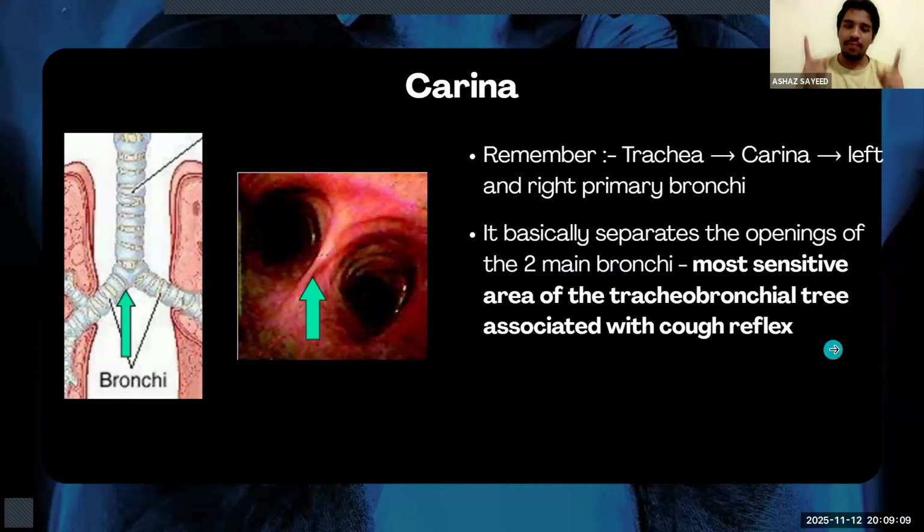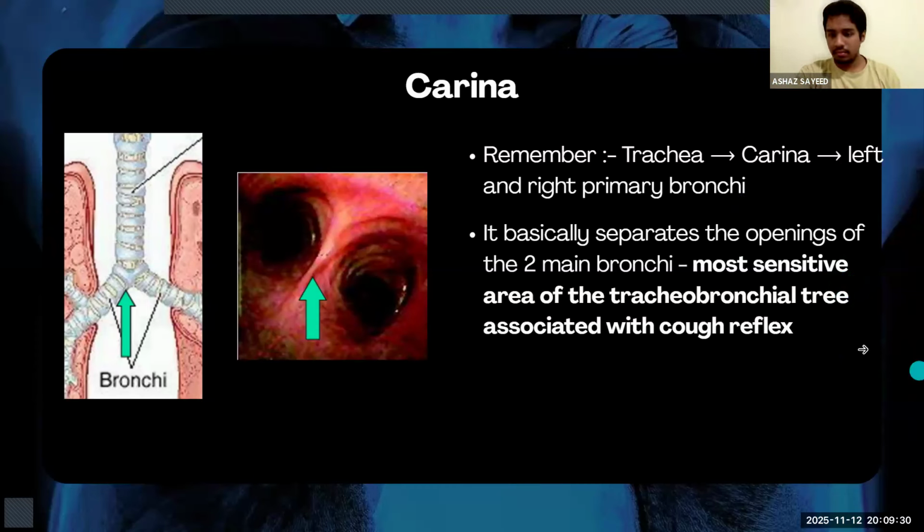Another clinical thing to remember is that the surface of the carina is the most sensitive part and it's associated with the cough reflex, which means if any dust particle hits there, you're just going to start coughing. It's really sensitive.